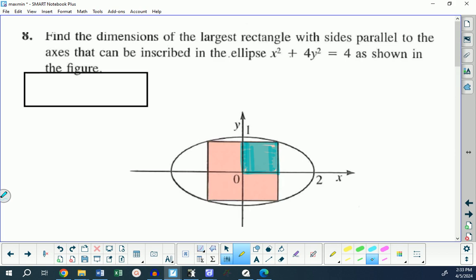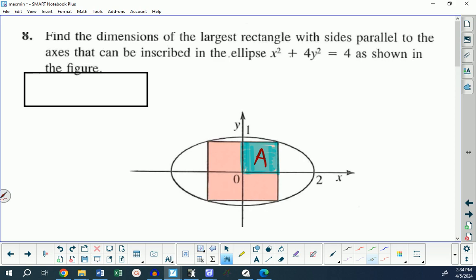I think you suspect it's symmetrical because of the x squared and the y squared. Whether it's positive or negative for x, those squareds remove it. If we can maximize the area of that, we will be maximizing the area of the whole thing. If you were asked for the maximum area of the whole thing, we can find the maximum area of this and just multiply by 4.